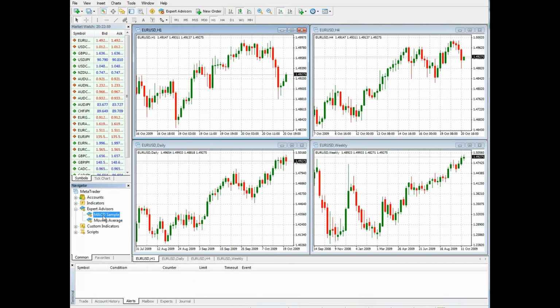Usually when you're installing an expert advisor, it will be smart to shut down MetaTrader prior to the installation of the expert advisor, and then place the expert advisor in the experts directory inside of your MetaTrader directory in the program files.